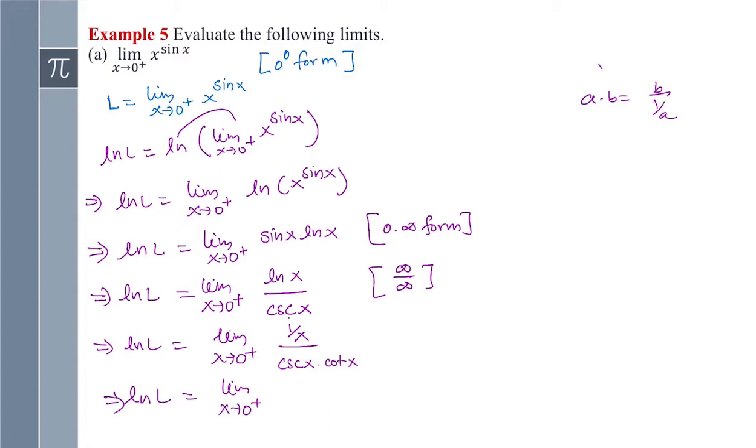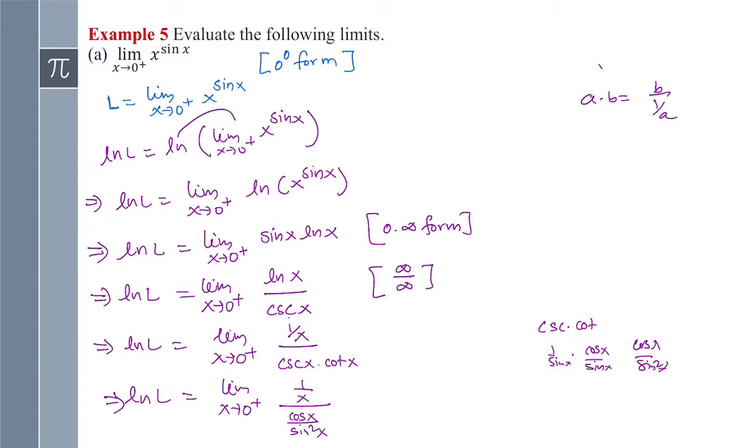So 1 over x, and here we have cosecant times cotangent, which means 1 over sine x times cosine x over sine x. So this is cosine x over sine squared x in the denominator. So we can write this as 1 over x divided by cosine x over sine squared x.